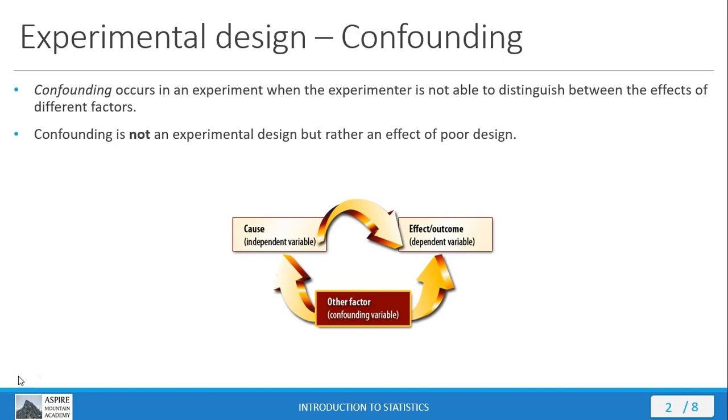Ideally, in your statistical analysis, you want to be able to say that a certain independent variable is the cause of an effect or an outcome. But confounding occurs when you have other variables that are influencing the relationship between the variable that you would like to say is the cause and the other variable that you would like to say is the outcome.